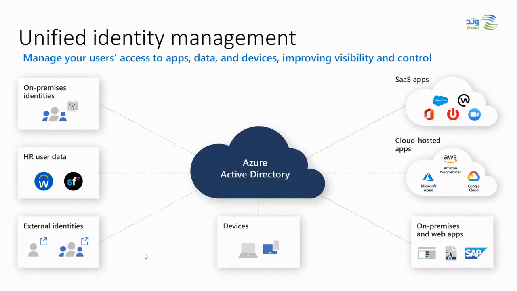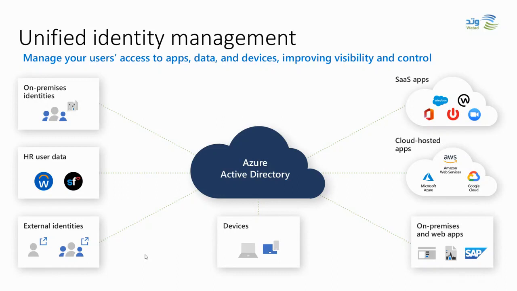And here, just to reinforce that, we can see that Azure Active Directory is the core to the Office 365 ecosystem in terms of a user directory. Azure Active Directory sits there. It can manage, it can provide identities for on-prem environments. It can provide access to HR and user data.